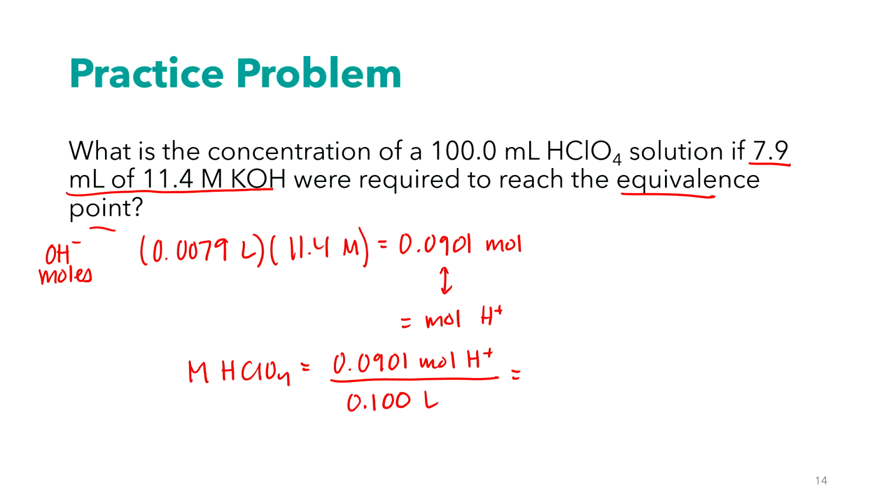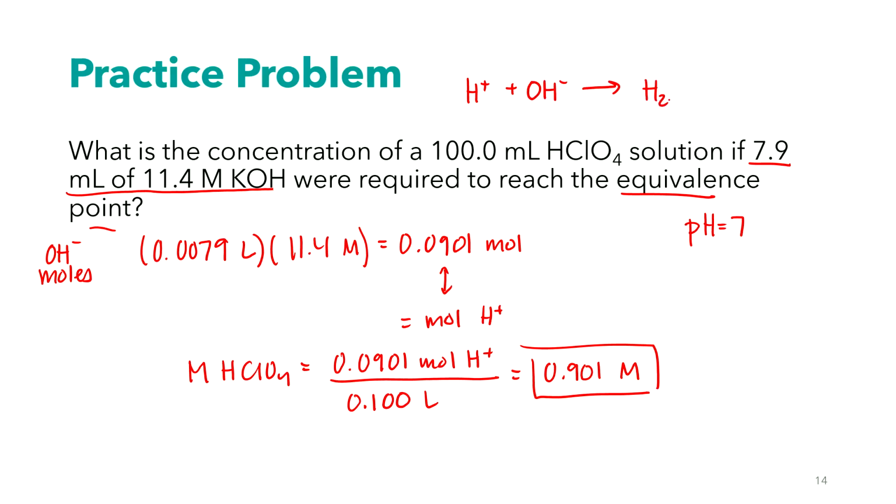And that is 0.9 molar, or if we want to be more precise, 0.901 molar of HClO4. And what was the pH, in your mind, answer, what's the pH now of this solution after adding the KOH? Gotta have a pH of 7, because all of our H plus has been converted to water with the addition of OH minus.